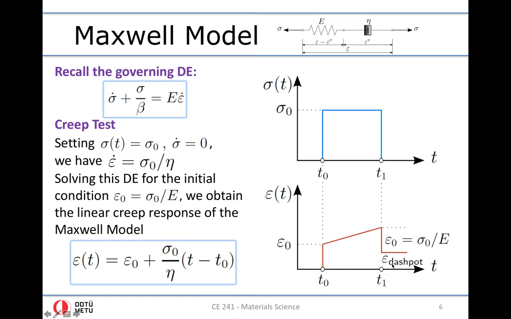For the second part, when the stress is dropped to 0, sigma becomes 0 and sigma dot is also 0. Therefore, epsilon dot becomes 0, so epsilon must be constant. Knowing the value of epsilon here, especially the strain in the dashpot, you obtain the constant permanent strain in the Maxwell model.